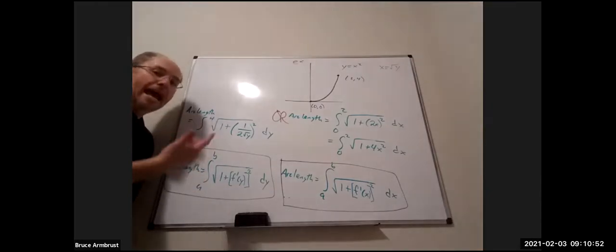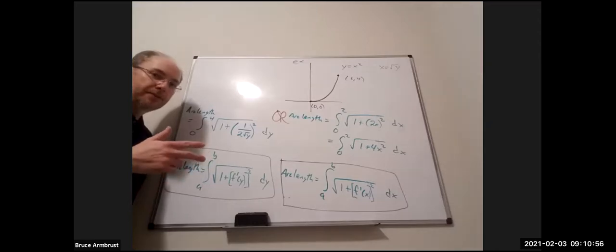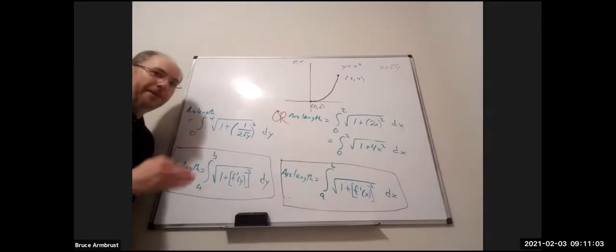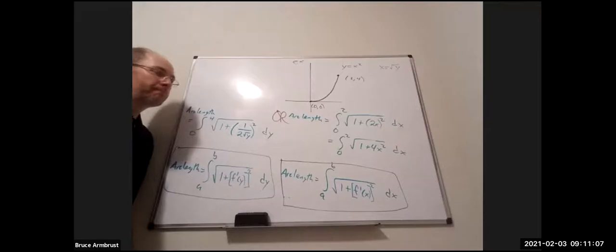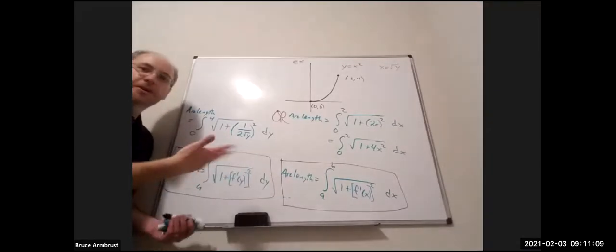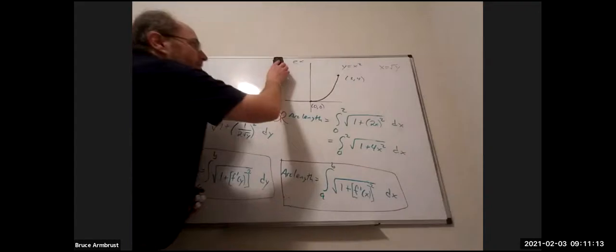We've now seen adding up lengths of line segments. All right, so integrals, what do? They add up an infinite amount of infinitesimally small things. All right, so there you go. So arc length. Now, related to arc length is surface areas.